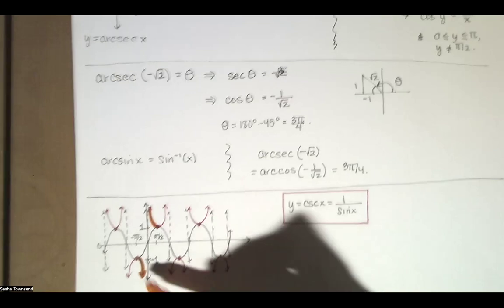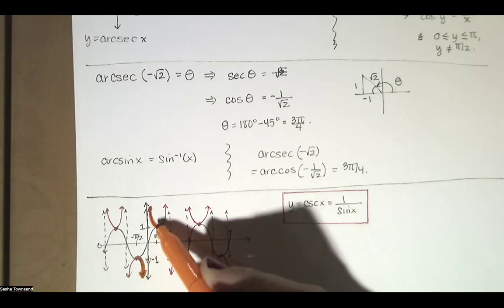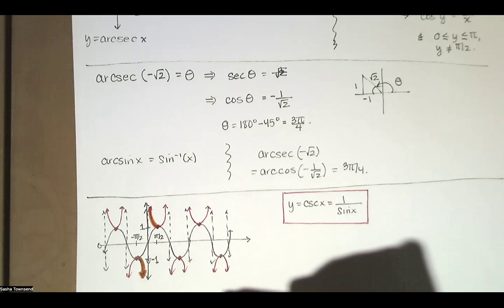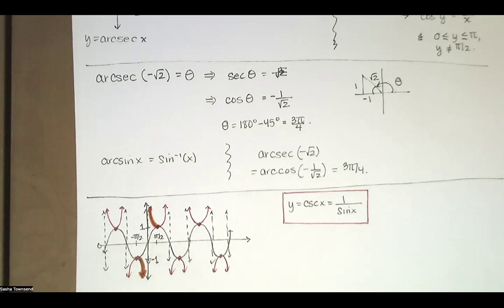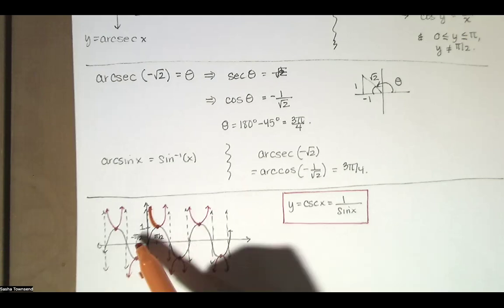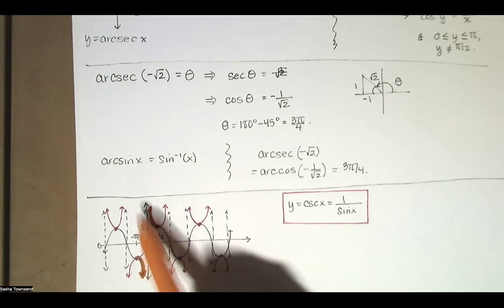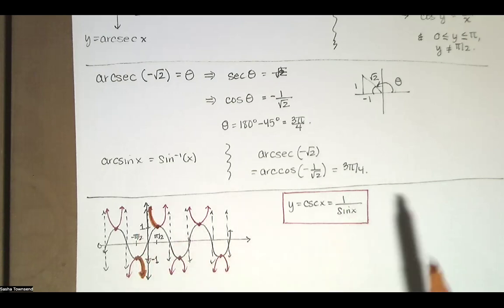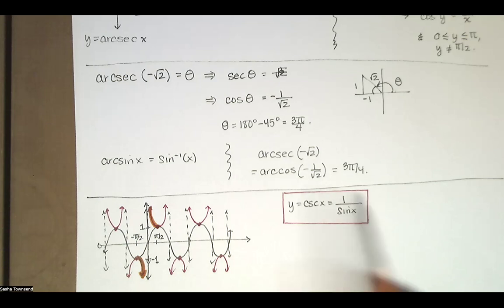you can see the range is still negative infinity to negative 1 and 1 to infinity, that union. The domain is this interval from negative pi over 2 to pi over 2, but we exclude x equals 0 because we can't divide by 0. And then we switch the roles of x and y.